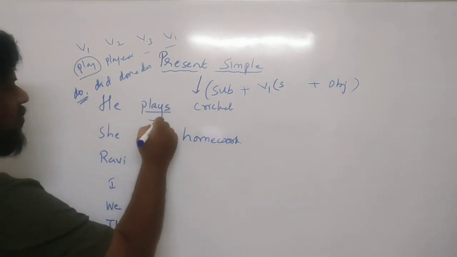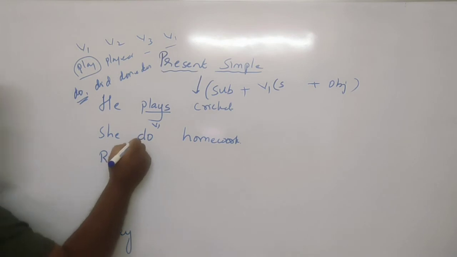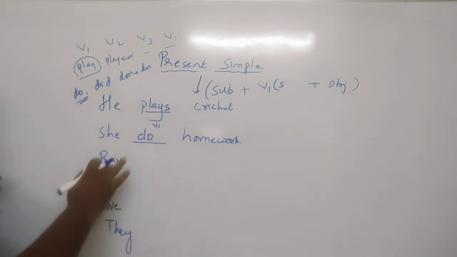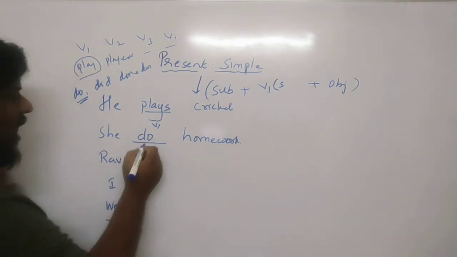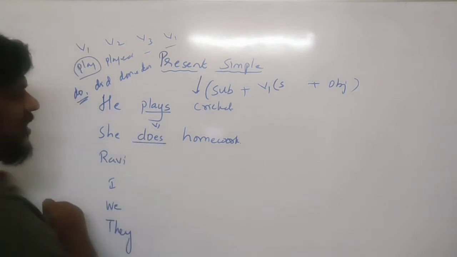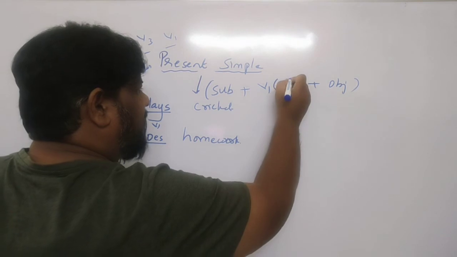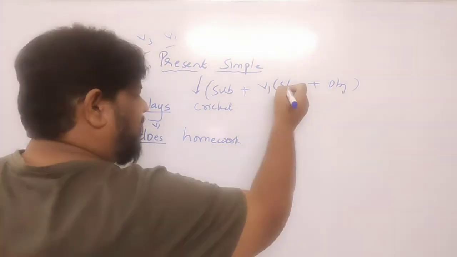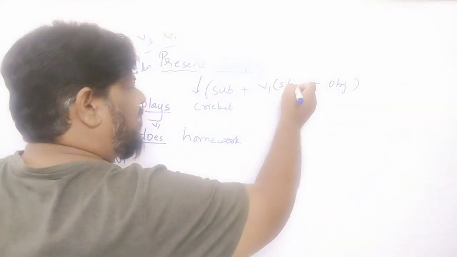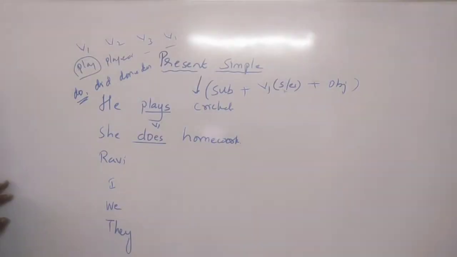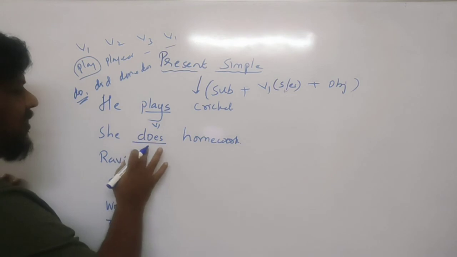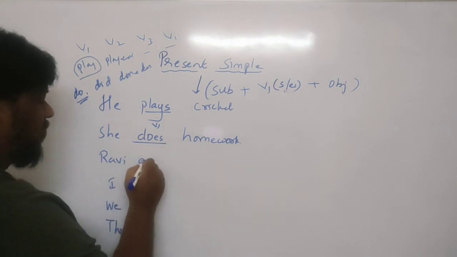Here plays is V1, and here do is also V1, but it doesn't seem to be right. So what we can add here is ES: she does homework. With V1 we can use directly V1, or you can also add S or ES to it. This is very important, right? So he plays cricket. She does homework.